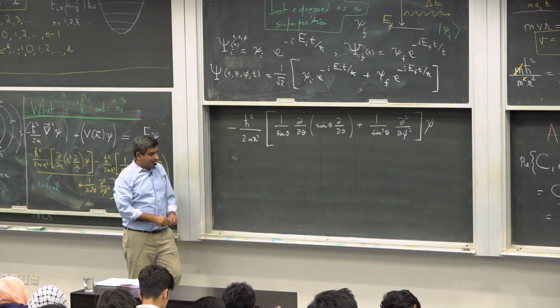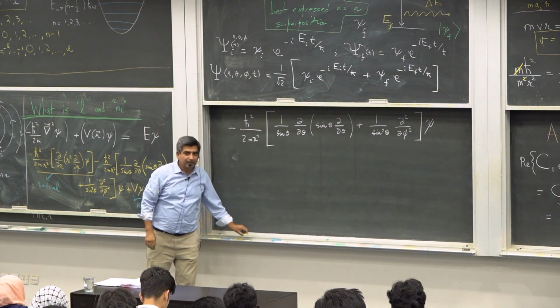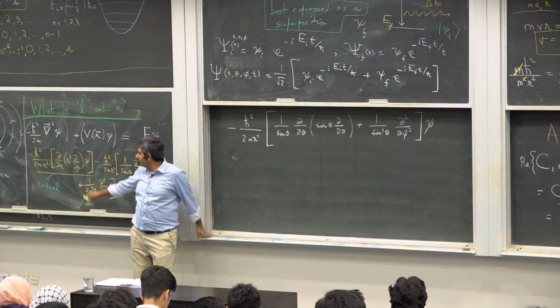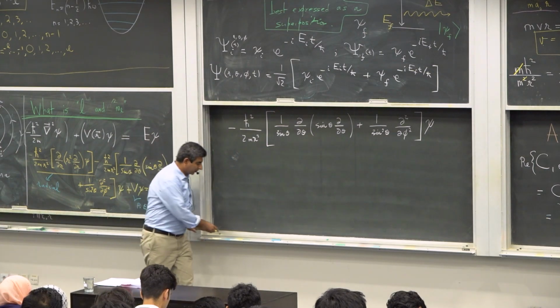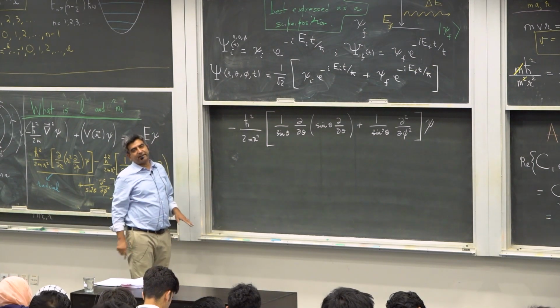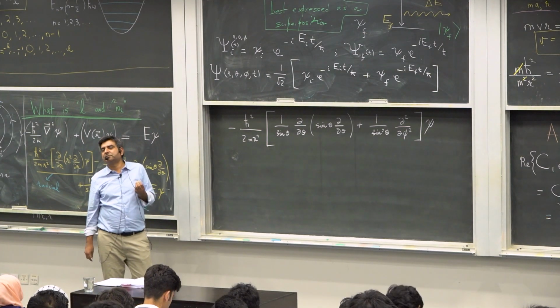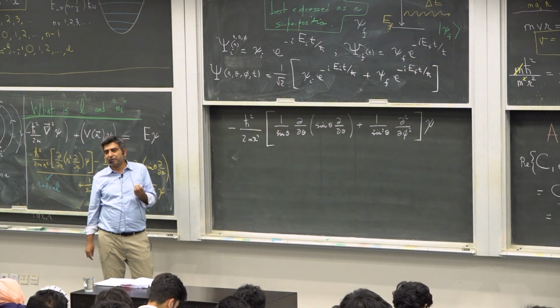Now it turns out that this term has only radius in it. This term and this term have theta and phi in them. This is a potential energy term.